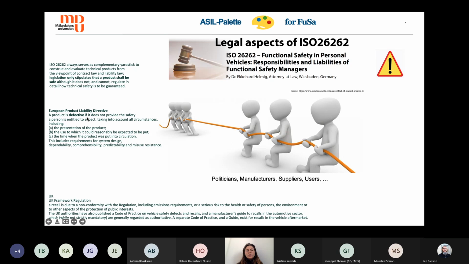And I also wish to remind the existence of the European Product Liability Directive that defines a defective product. So a defective product also shall include how the product is presented, for example.